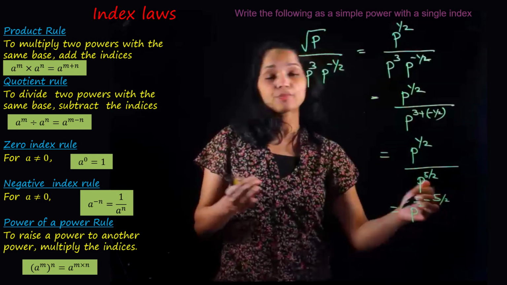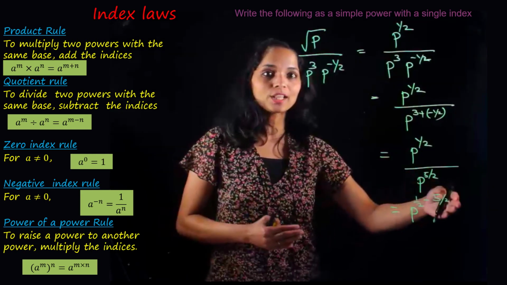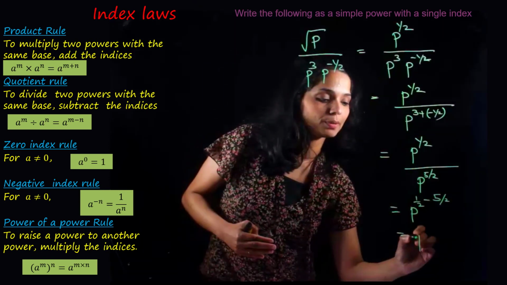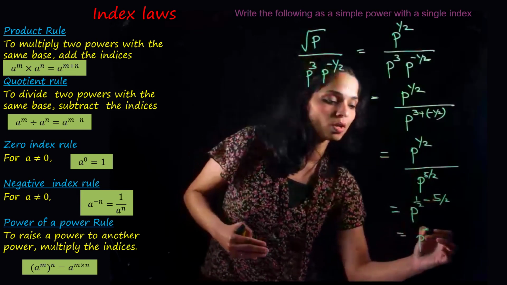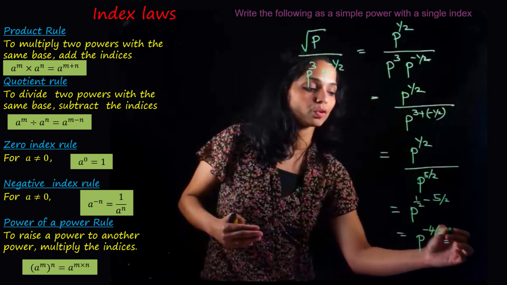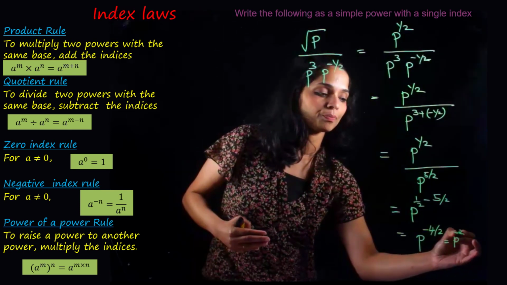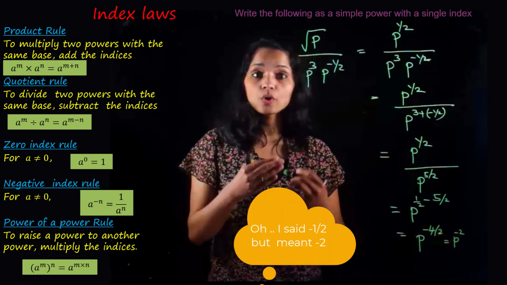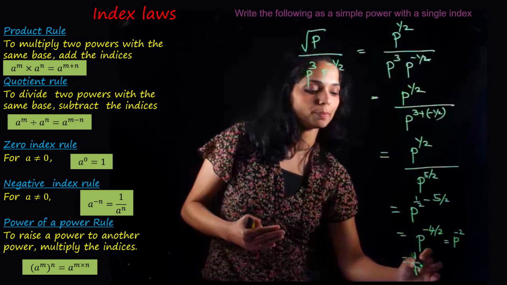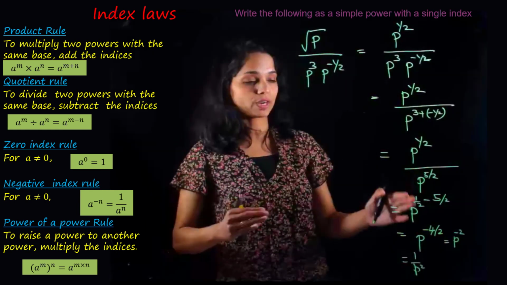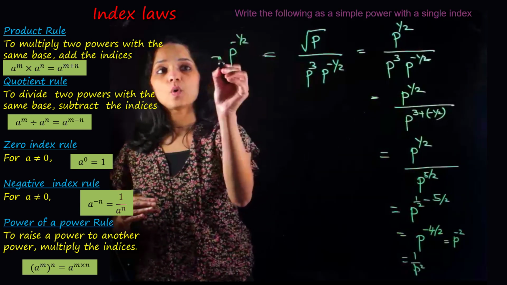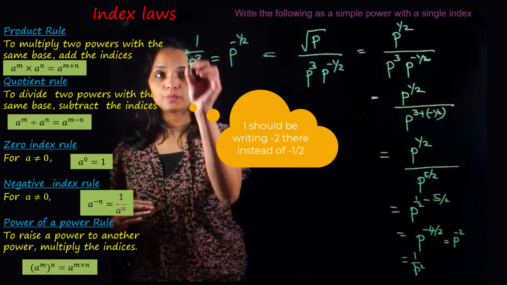Half and 5 on 2 can be subtracted simply because they both have the same denominator, so we subtract the numerators. 1 minus 5 is minus 4, divided by 2, keeping the denominator the same all the time, and minus 4 on 2 is minus 2. So it's p to the power minus 2, or if you want a positive index, you can write it as 1 on p squared. That's perfectly fine as well. So the answer is p to the power minus 2 or 1 on p squared.